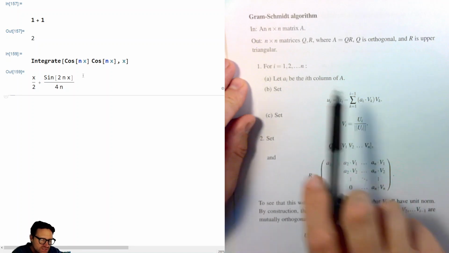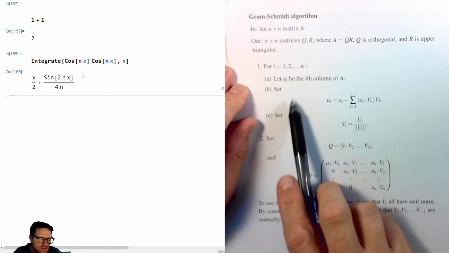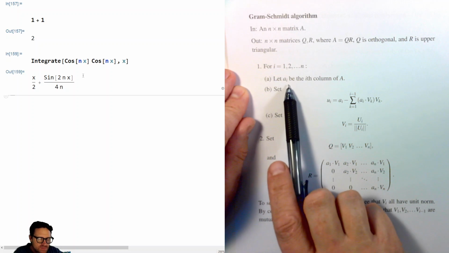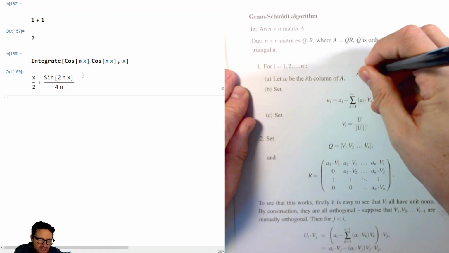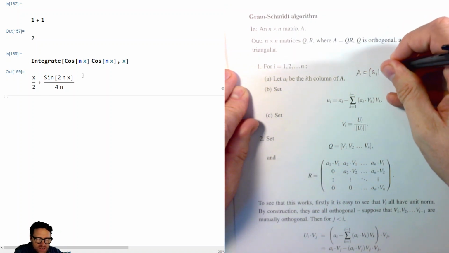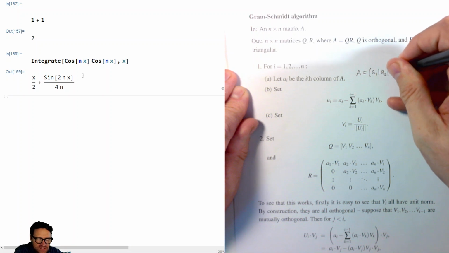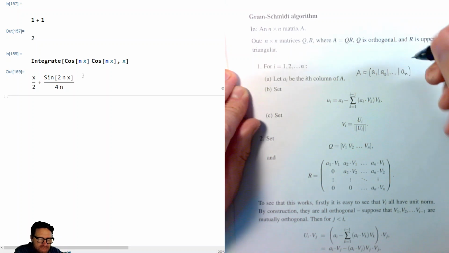Okay, so what we do is for the values of i from 1 to n, we let a subscript i be the ith column of A. So in other words, A is equal to lowercase a1 concatenated with lowercase a2, etc., up to an.